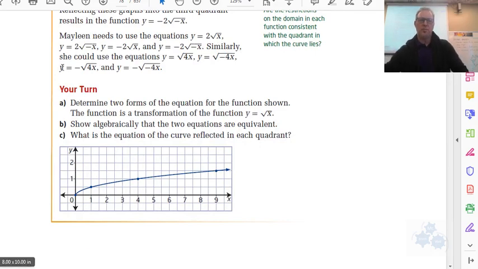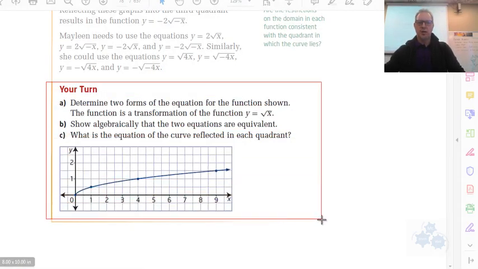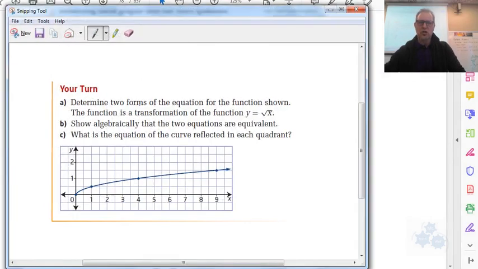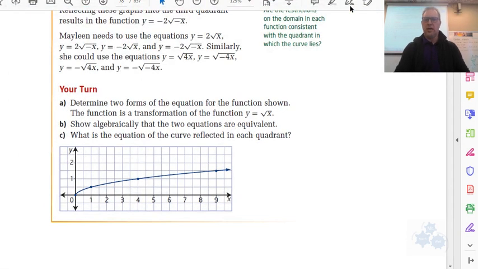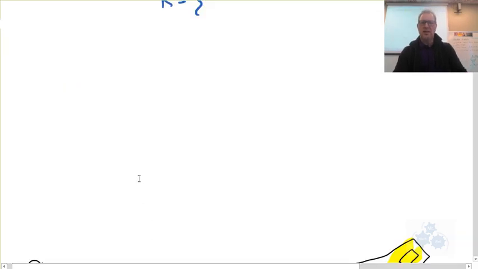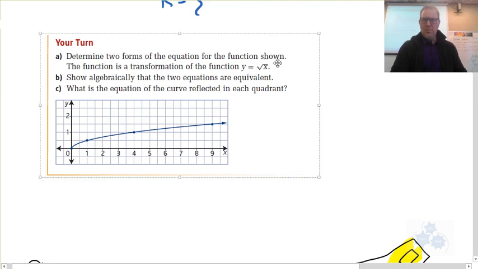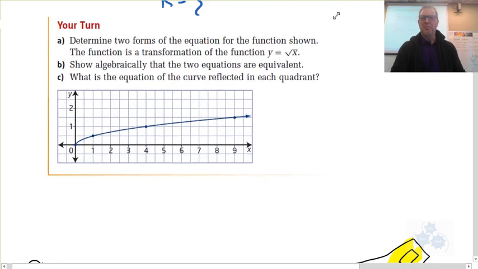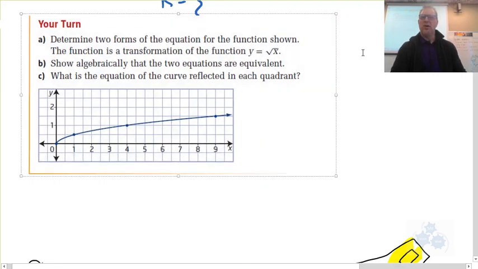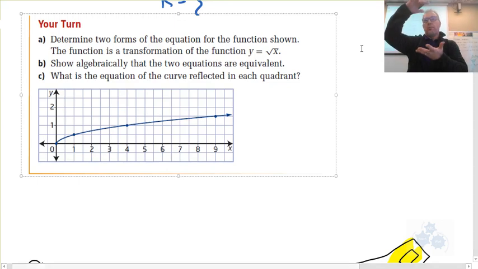So this example, page 69 in your textbook, says determine 2 forms of the equation for the function shown. This is where it gets tricky, and this is the last thing I want to show you here today before I give you your assignment. Remember how we said that sometimes A and B can make the transformed graphs look exactly the same? Or if you have a transformed graph, how do you know if it's a stretch like this or a compression like this?